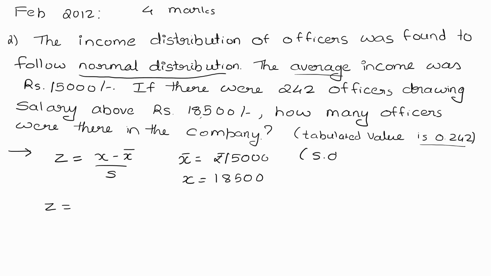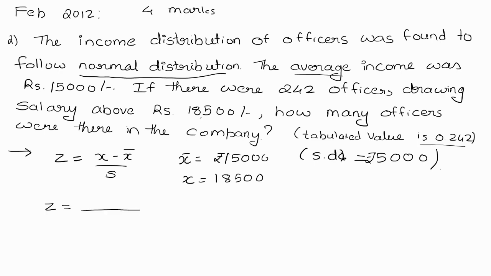Sorry for this, I have not written the question properly. The standard deviation is also given. The standard deviation is 5,000. I mistakenly wrote this problem like this. It is: the average income was rupees 15,000 and the standard deviation was 5,000. That is, the S value was 5,000.